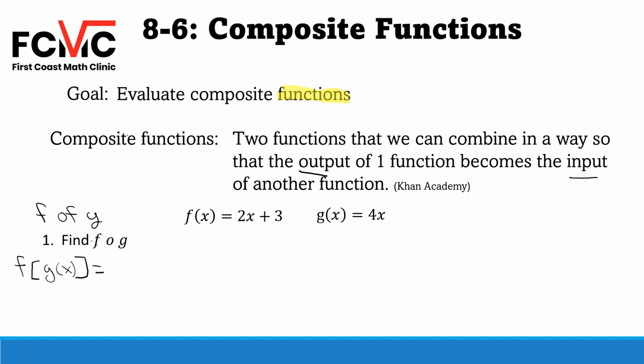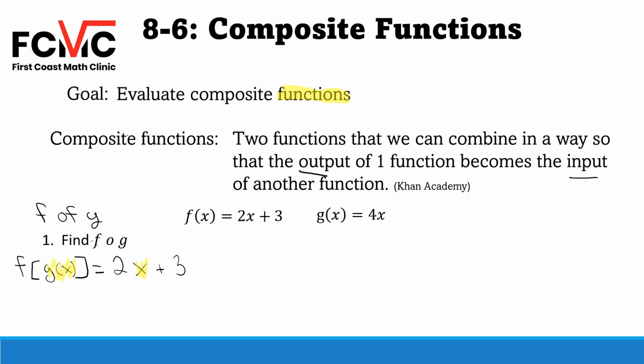If we start with our function f of x, we know f of x is 2x plus 3. Where do we put that g of x? That g of x is going to replace our x value. So our g of x is going to go in for x.